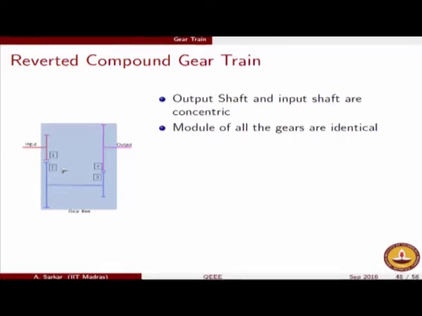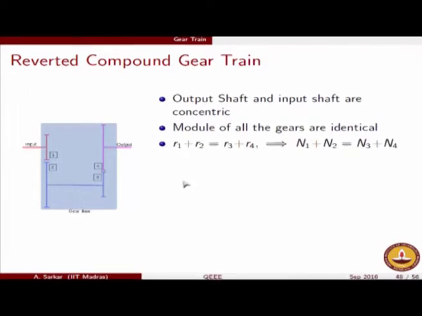Please note 1 and 2 have to be identical for the kinematic requirement, and 3 and 4 have to be identical for the kinematic requirement. It is not necessary as far as kinematics is concerned to have an identical module for 2 and 3. It is just assumed for the sake of simplicity and practical ease in implementation. So we will take it implicitly that the module of all gears is identical.